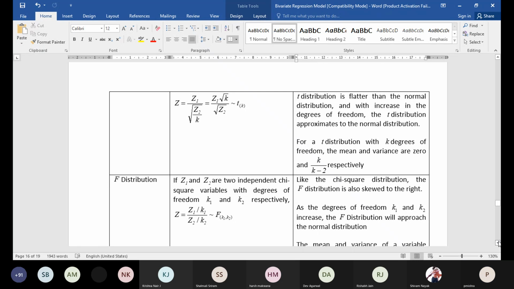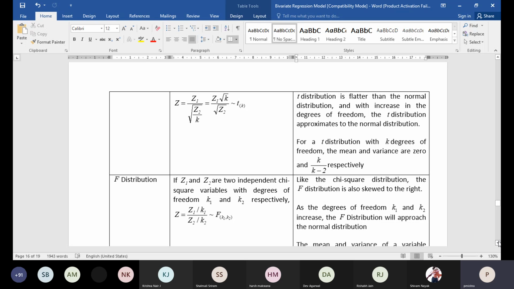If there are two independent chi-square distributions, then the ratio standardized by the respective degrees of freedom would give us the F distribution.